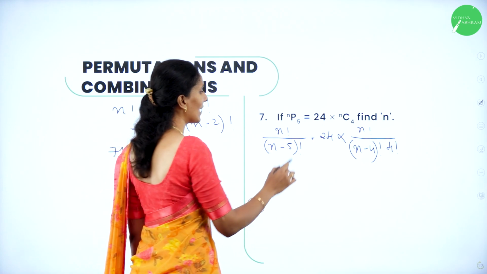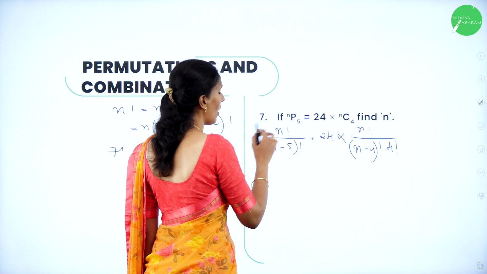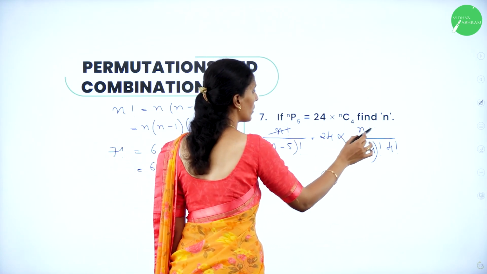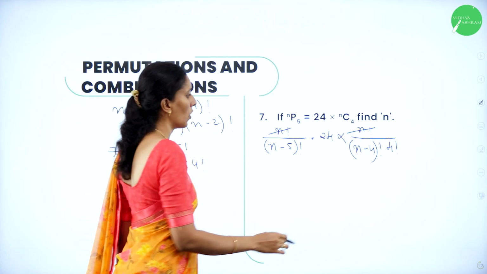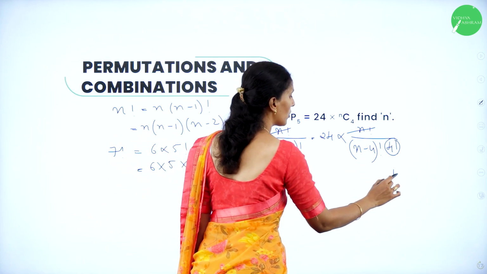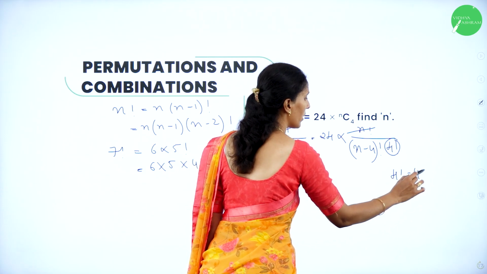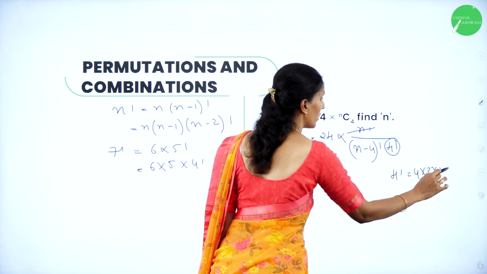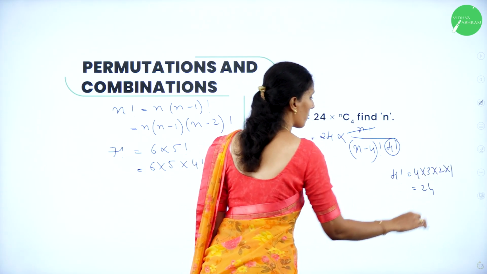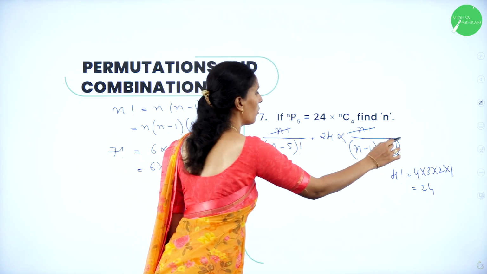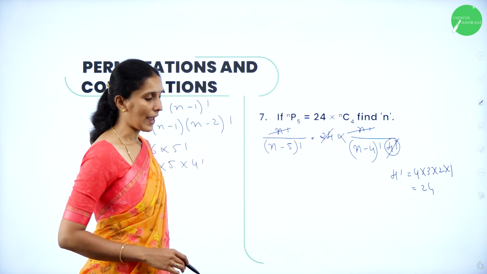You can clearly see that on the RHS and LHS, n factorial gets cancelled. What is 4 factorial? 4 into 3 into 2 into 1, which is 24. So 4 factorial and 24 also get cancelled.